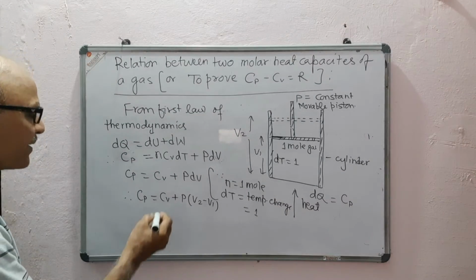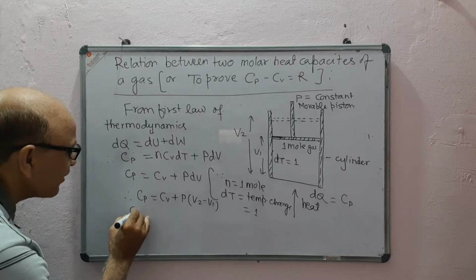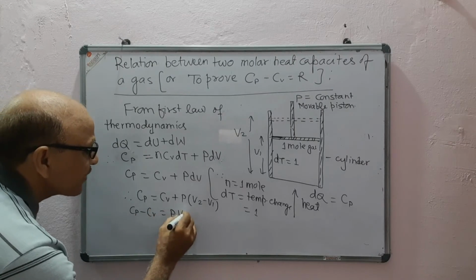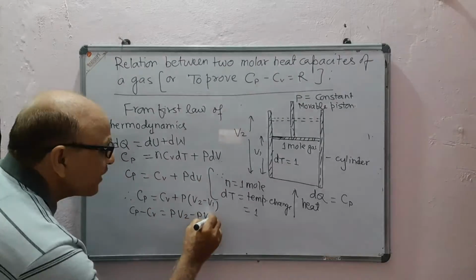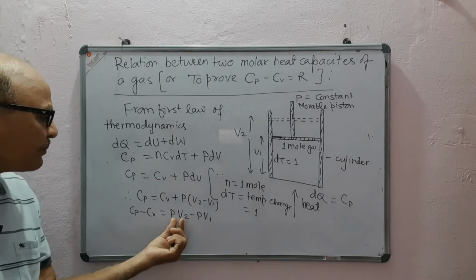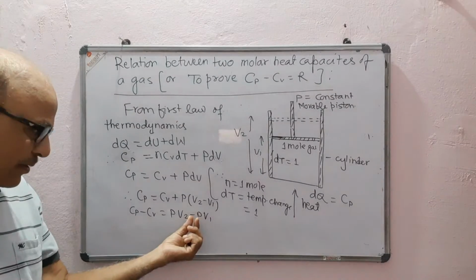Now it can be written as Cp minus Cv is equal to PV2 minus PV1, and for 1 mole gas you can write PV2 as RT2, PV1 as RT1.